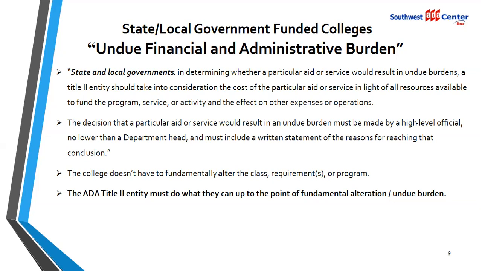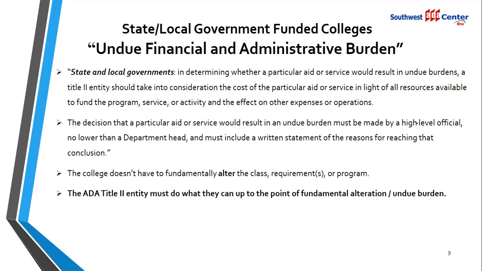The college also does not have to fundamentally alter the class, the requirement, or the program. But having said all that, the Title II entity, or in this case, the higher education institution, they must do what they can up to the point of fundamental alteration or undue burden.